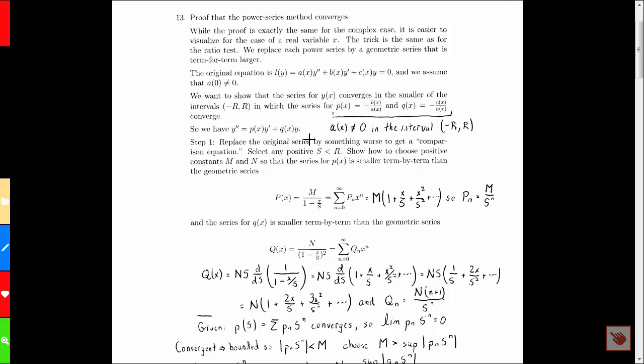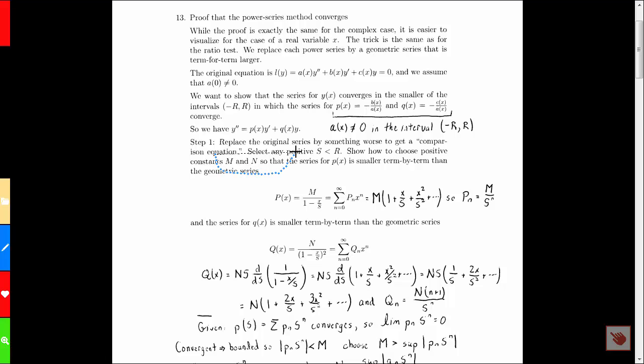Okay, so we're going to replace our original series by something that's bigger to get a comparison equation, and we'll pick some capital S, any positive capital S that is smaller than capital R will work. And now what I'm going to do is choose a pair of constants.